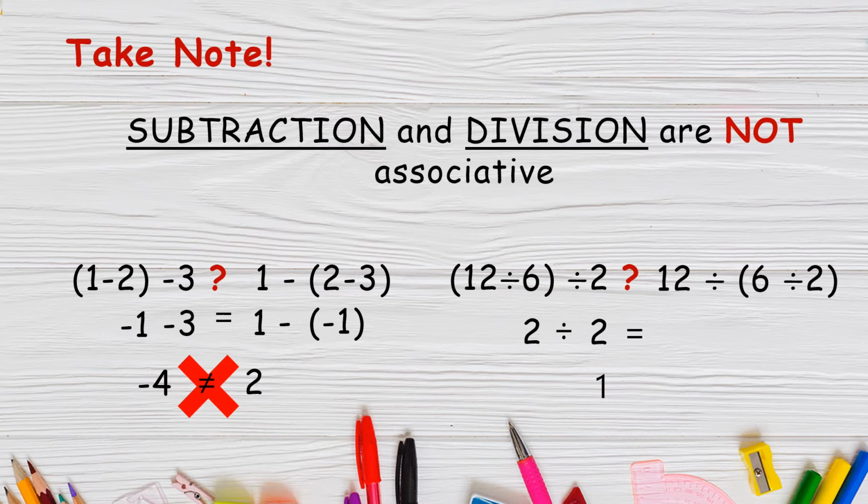The quantity of 6 divided by 2 is equal to 3. 12 divided by 3 is equal to 4. 1 is not equal to 4. Hence, division is not associative.